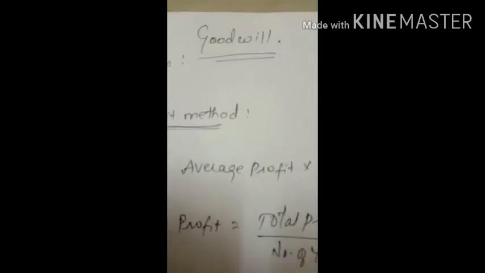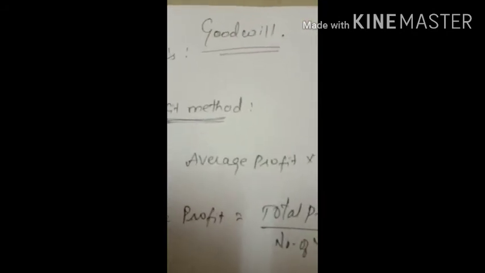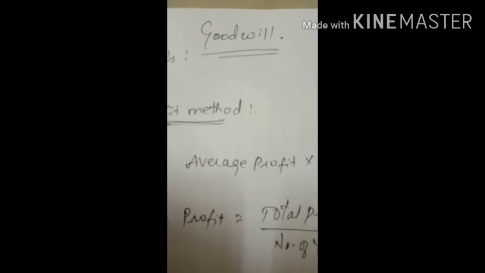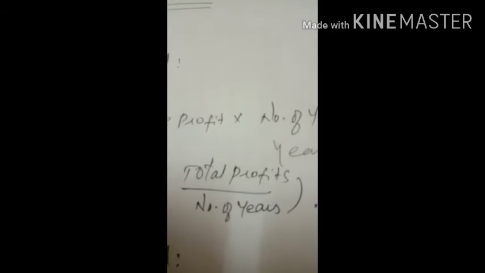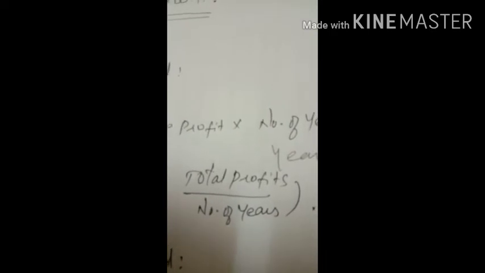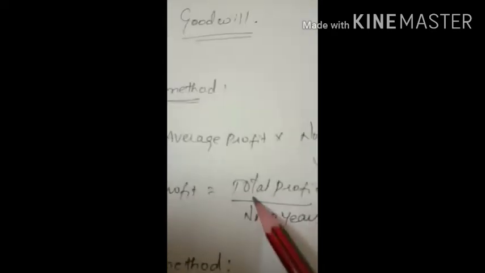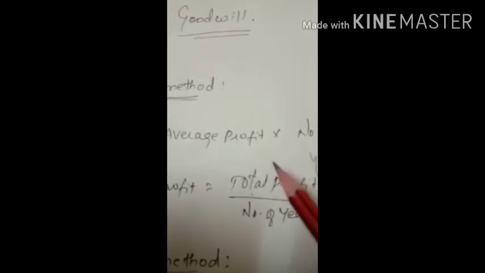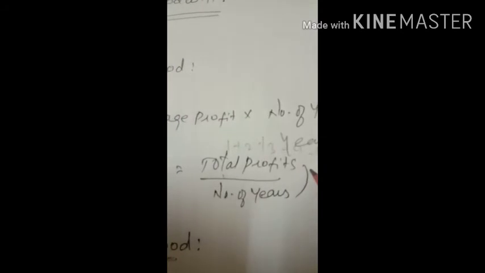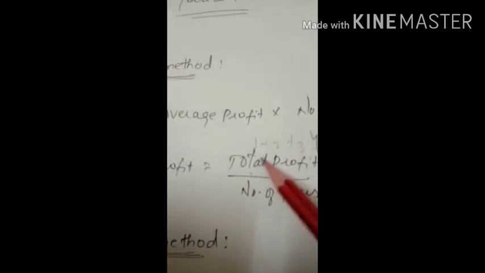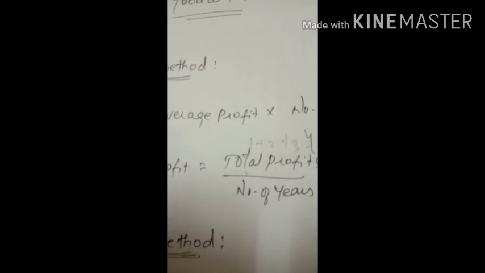Normally we know what average is: the total number given to us divided by the number of units. If we have 5 years of profit, the total profit of 5 years will be taken here, that is first year plus second year plus third year plus fourth year plus fifth year, divided by the number of years, 1, 2, 3, 4, 5.